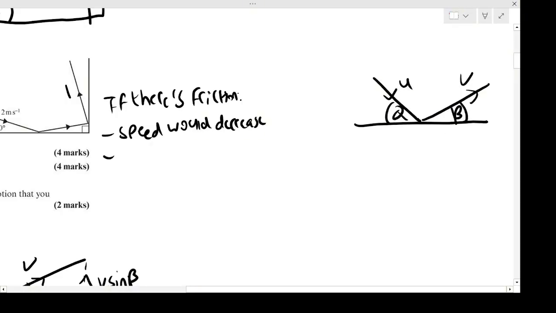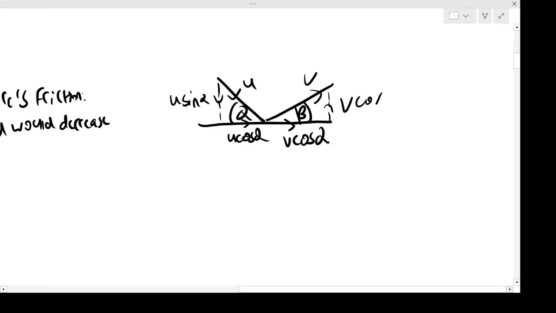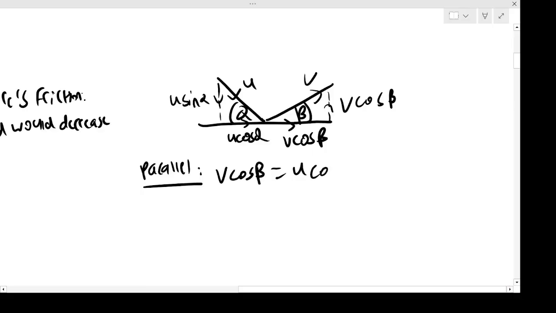So a general problem. My general equations then, parallel, if I just do my components here. So my parallel components, that would be v cos beta equals u cos alpha.